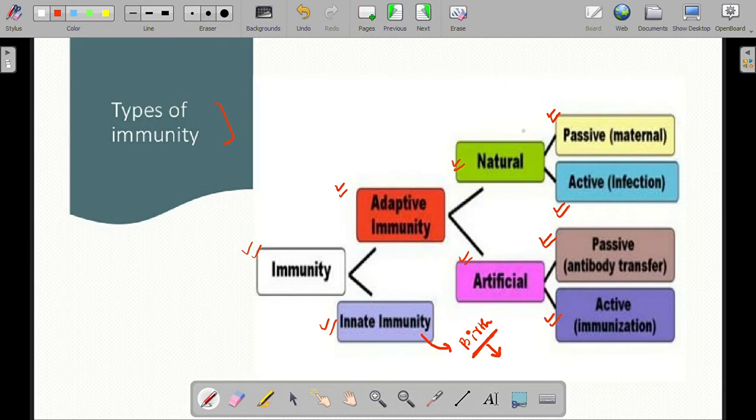Suppose a person is injected with the antibody. This type of antibody injection is a part of adaptive immunity, and it comes under passive immunity. So these are the major types of immunity.